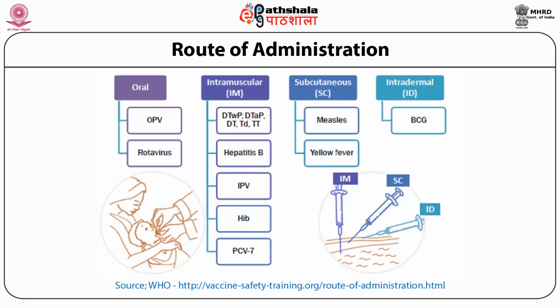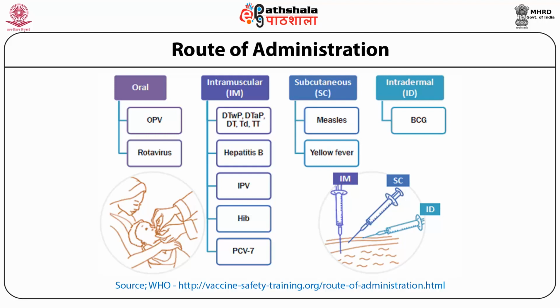Let's see how these vaccines are introduced into our body. Now, different modes of administration are available: oral, intramuscular, subcutaneous, intradermal. Intramuscular vaccines are generally adjuvant containing and they have potentially irritating antigens. These are used for potentially irritating antigens like tetanus.